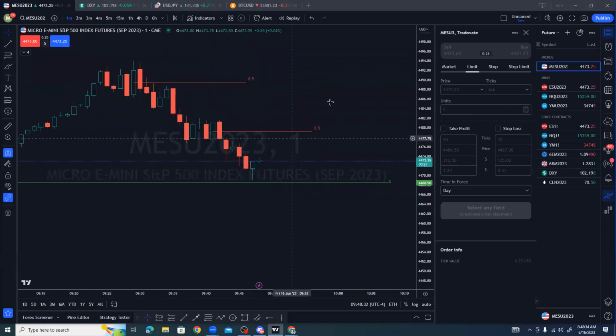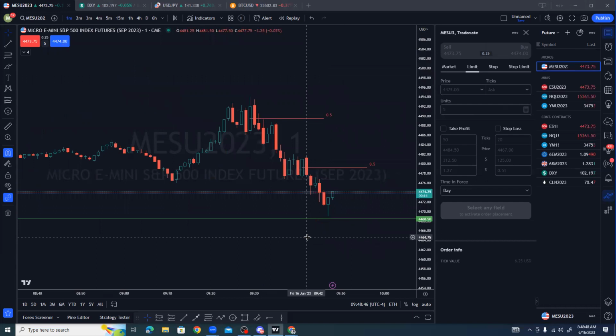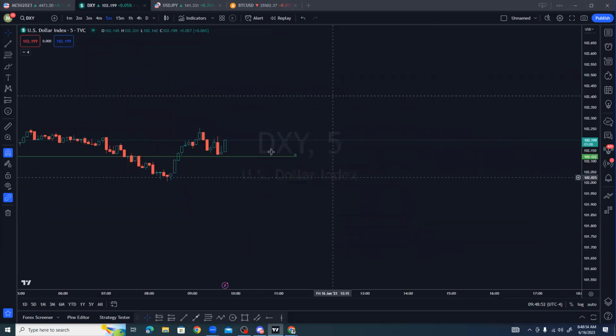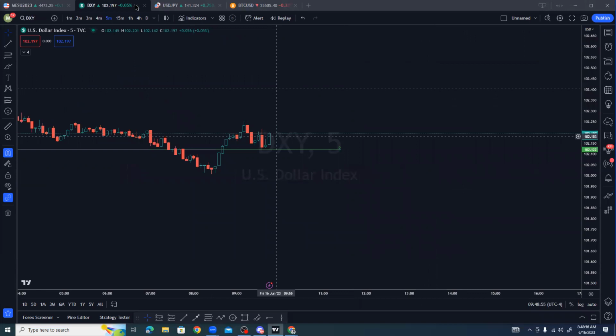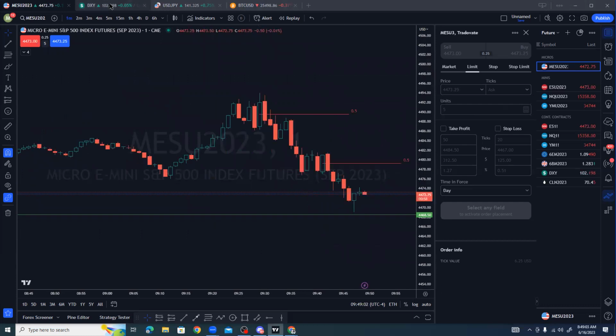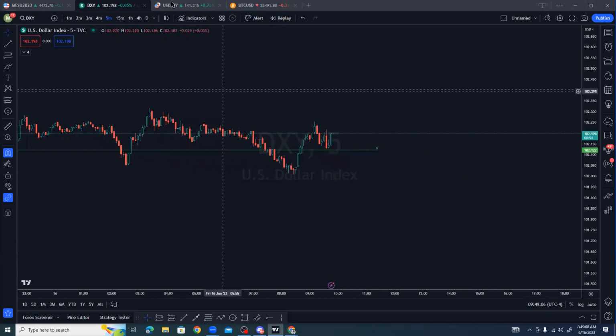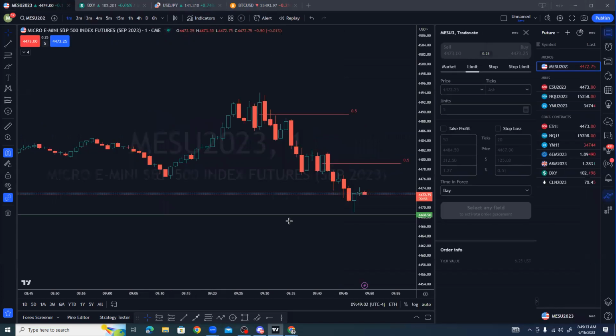Maybe we get some kind of movement and a continuation back to the highs. Dollar looks like it's bouncing off its daily and pushing. And again, it's almost like the ES has been in tandem with the dollar for a pretty good while, which is slightly confusing. So you can't really go off of that as an indicator.